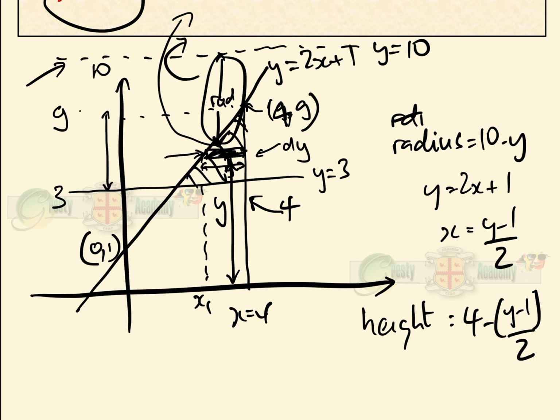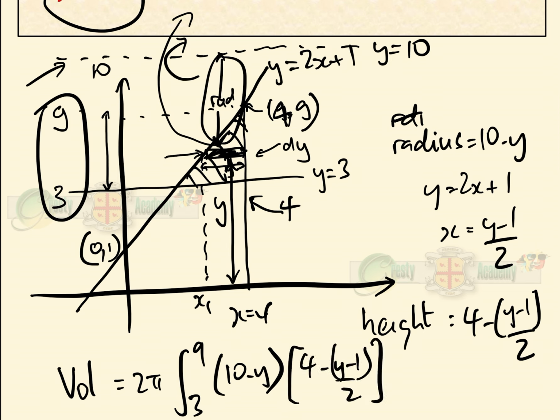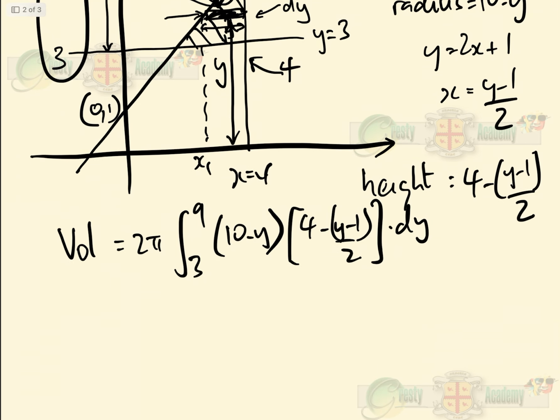So now we have all of our constituent parts, and all we need to do to find the volume now is: the volume equals 2 pi times the integral between 3 and 9 here of the radius, which we just established is 10 minus y, times the height, which is 4 minus (y minus 1) over 2, dy. And that is basically all we need to do.